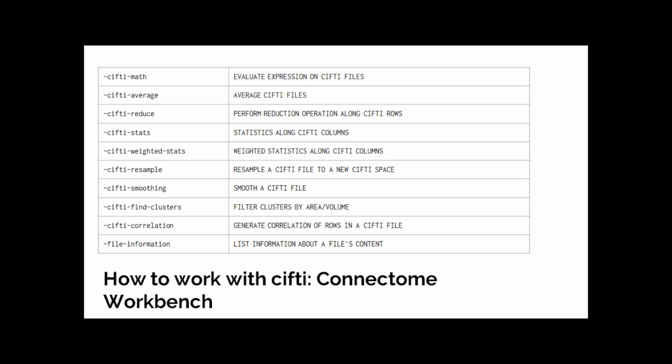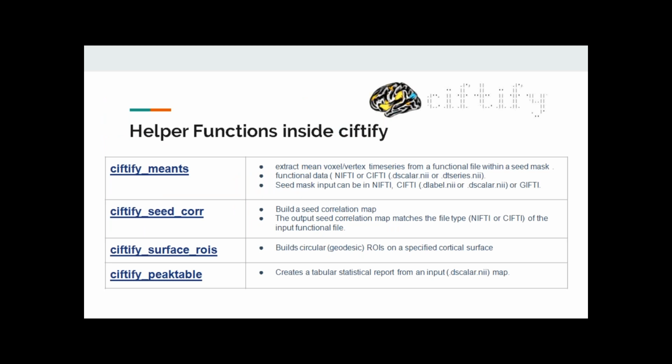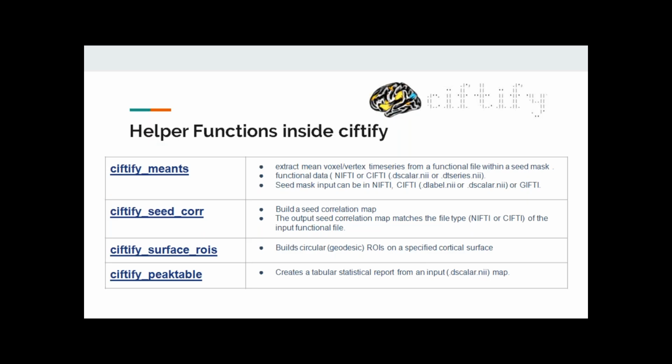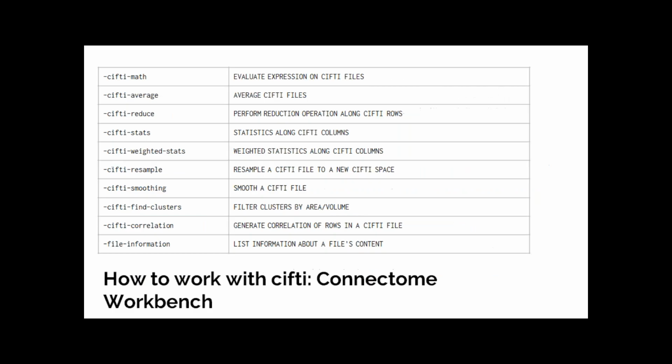Finding clusters, which is kind of like FSL's cluster. Correlate, which creates those dense connectivity files, those huge connectivity matrices. Oh, and this one, very cool, file information. So wb_command file information is like fslinfo on your CIFTI. It prints to the screen a whole lot of information about what is in your CIFTI file, how it's organized, and what the data looks like.